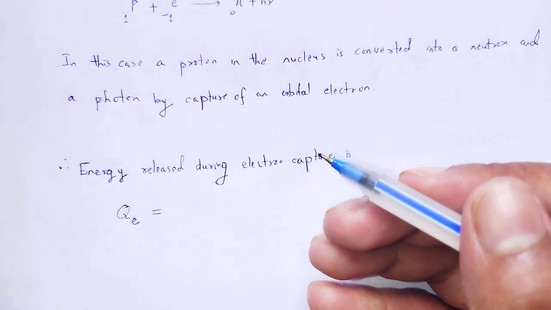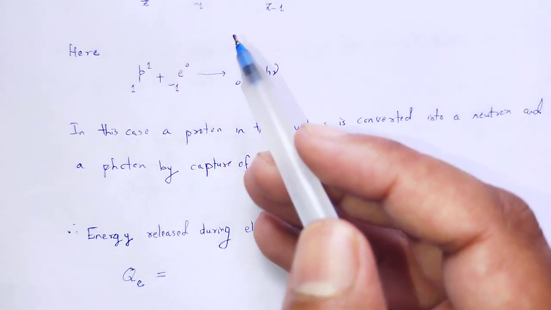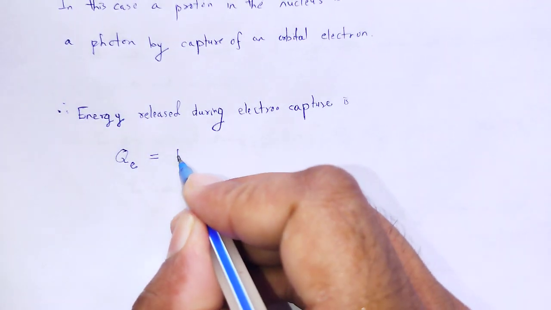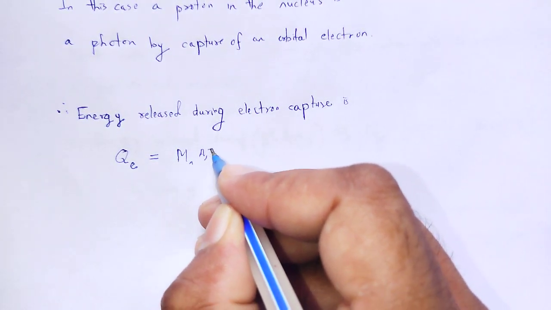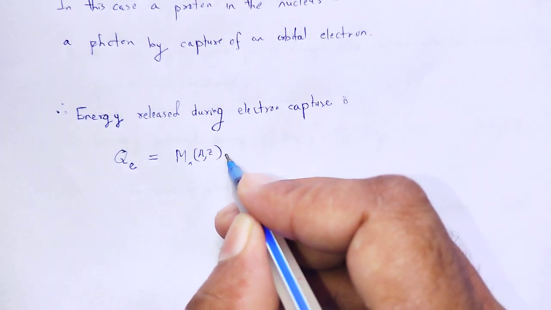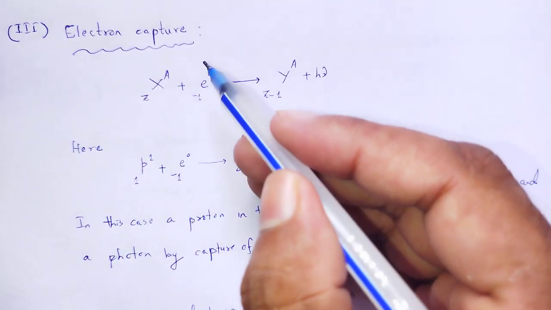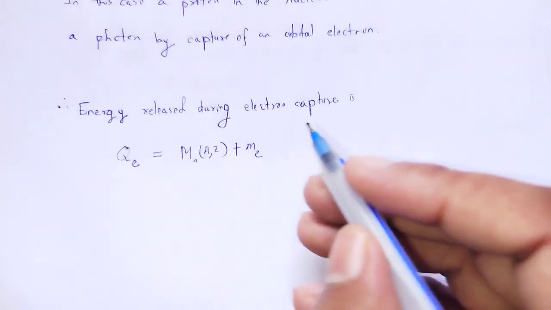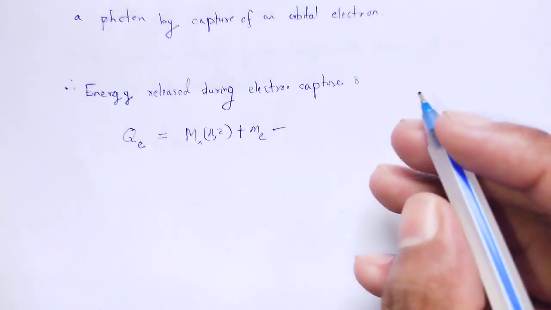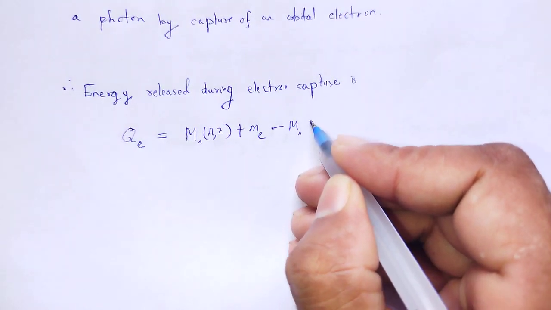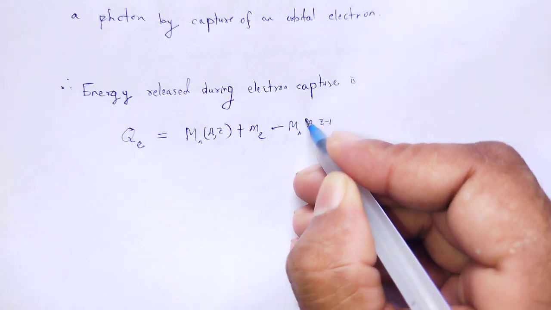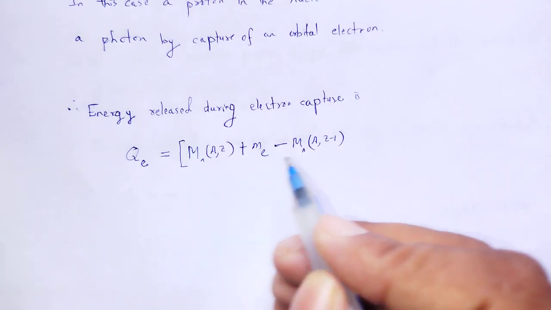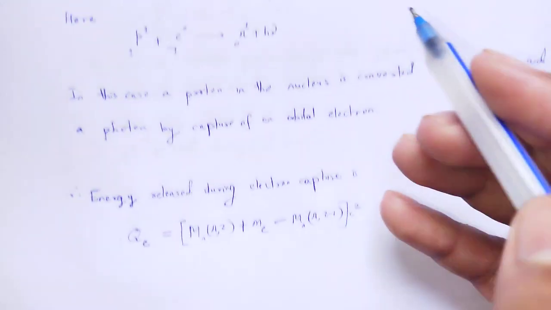So the mass defect into c square: here the mass of the parent nucleus, A Z, plus the mass of the electron, minus the mass of the daughter nucleus, Z minus 1, into c square, plus h nu.